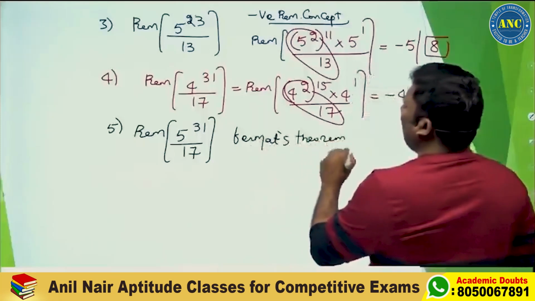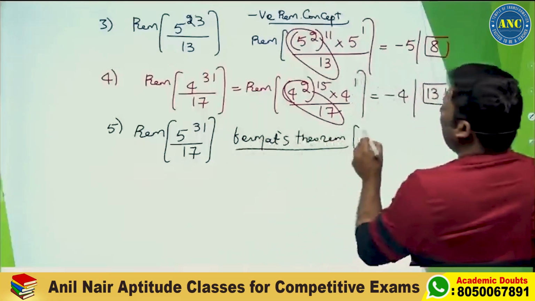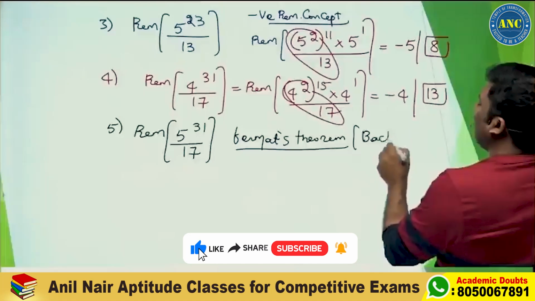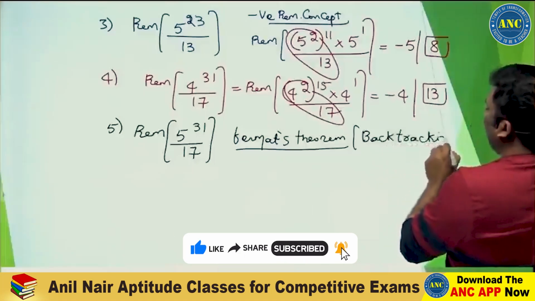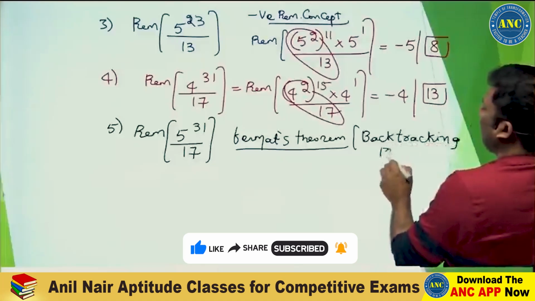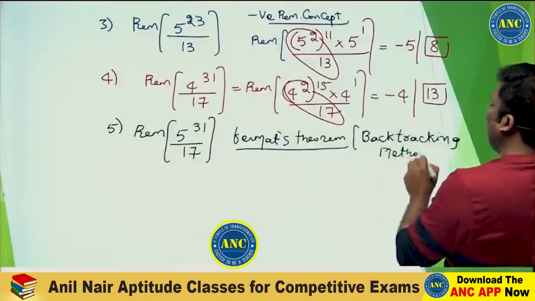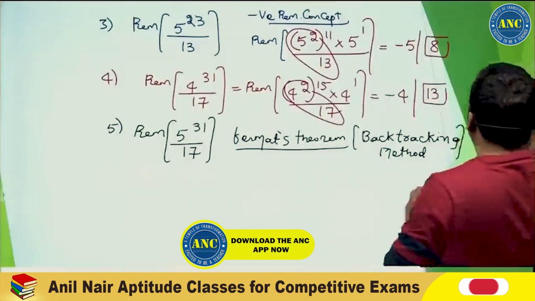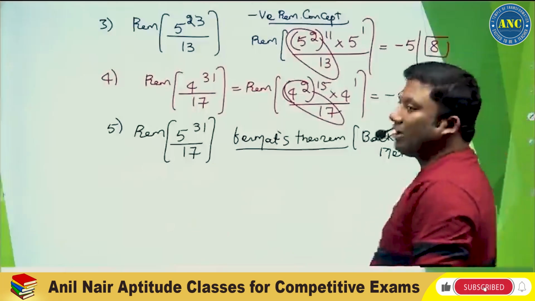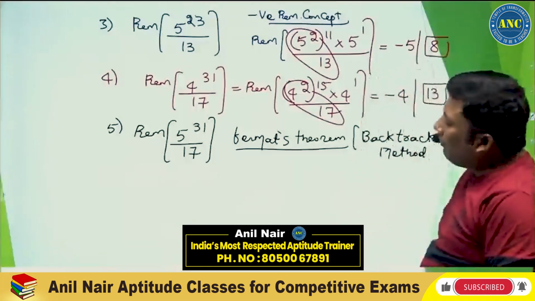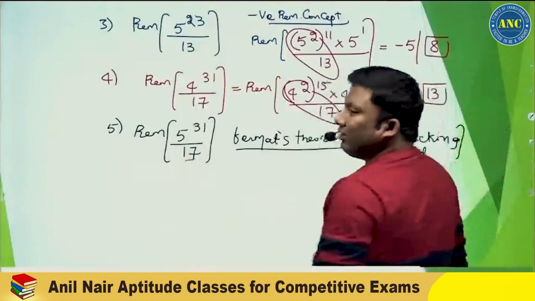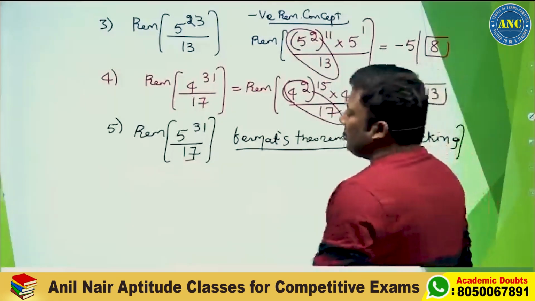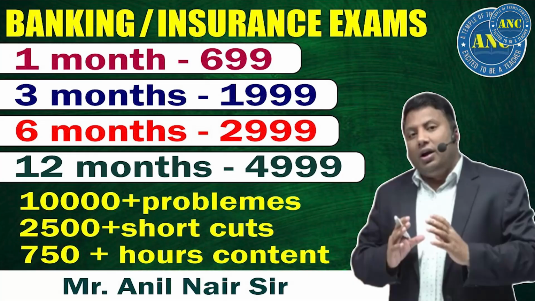How will the theorem be helpful? Yesterday in Euler's theorem, we saw the backward approach, most popularly called the backtracking method. Backtracking means you determine the known, and from that known you determine the unknown. For 5 power 31 by 17, the denominator is 17, so the numerator power can be 16.